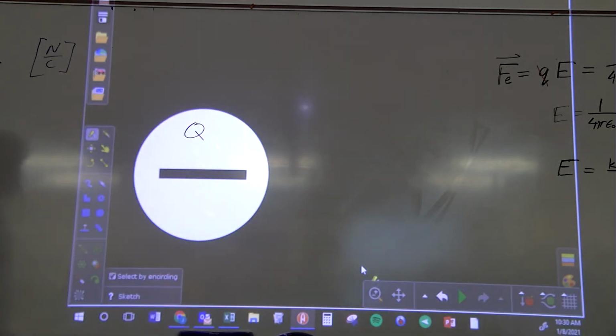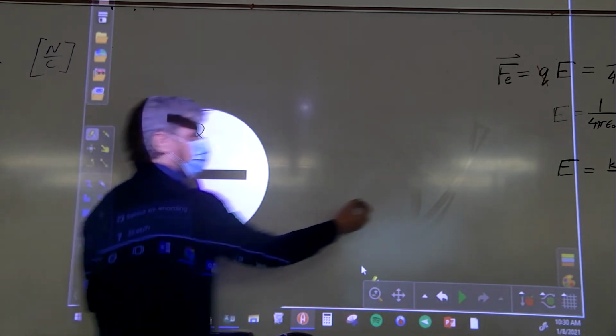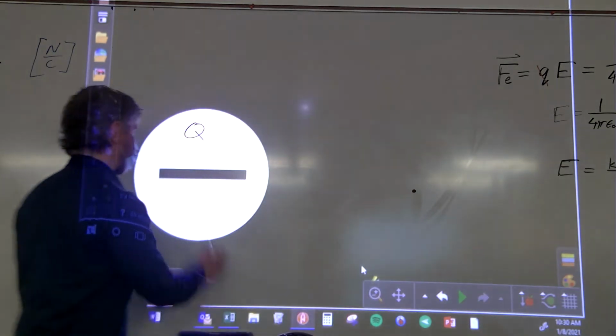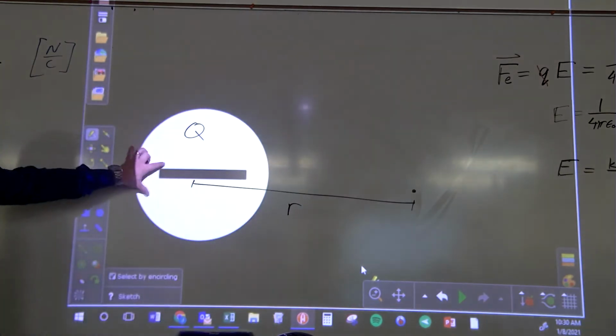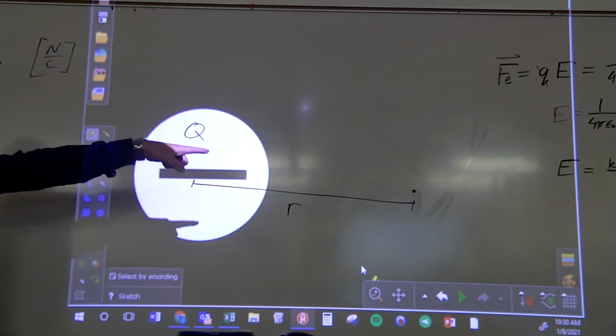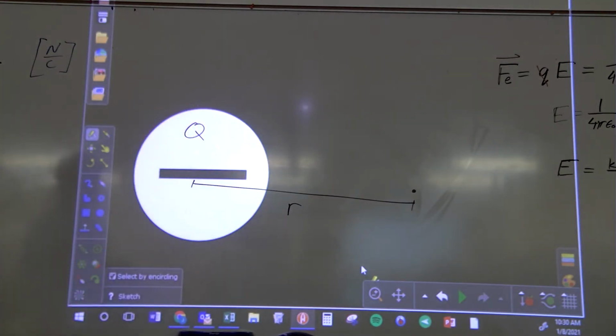Okay? So if I want to know the field strength here, I just measure r, the distance. I measure the amount of charge that's here, and then I throw it into that equation, and that's my electric field strength. Dan Fullerton went over this, but I just want to make sure you understand why this is important and why it's useful.